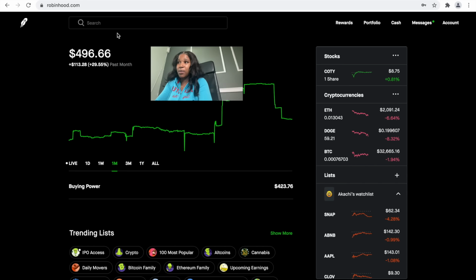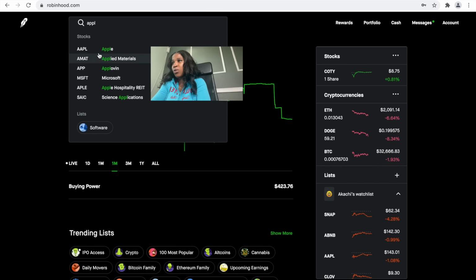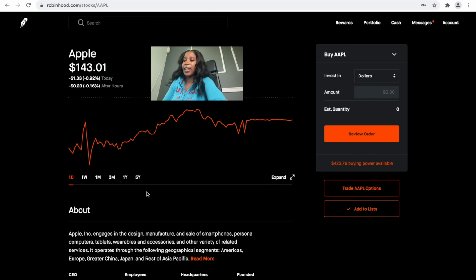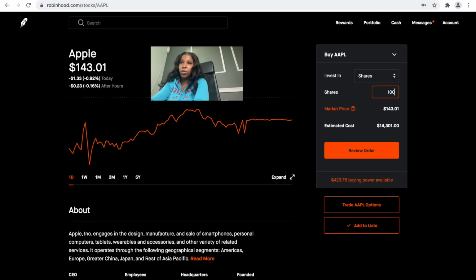So the way I like to put it, if we were to go to Apple, Apple is currently at $143. We'll round it down to about 140. If you wanted to buy 100 shares of Apple right now, which you could really just do right here, 100 shares would be equivalent to about $14,000.